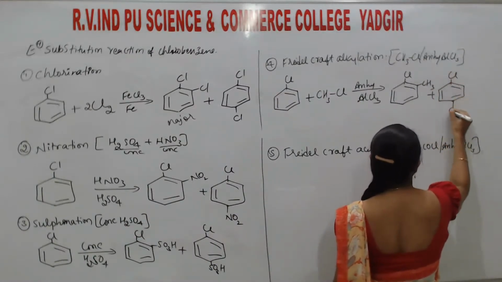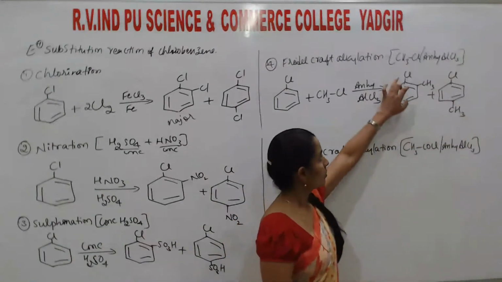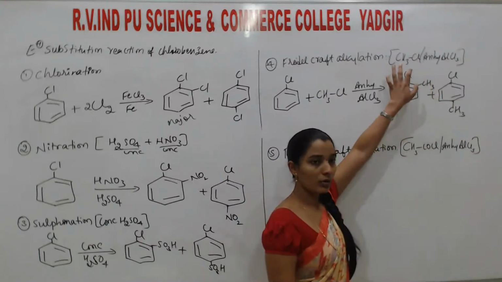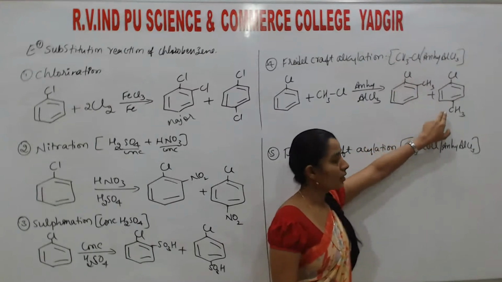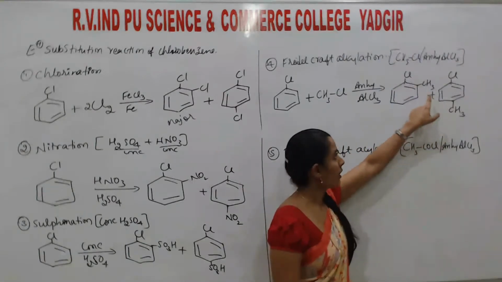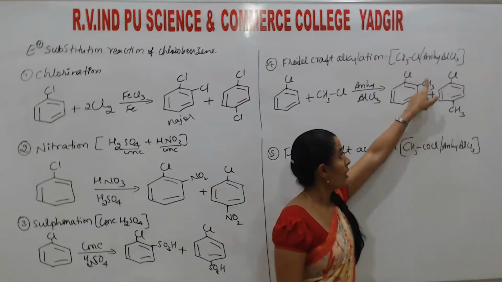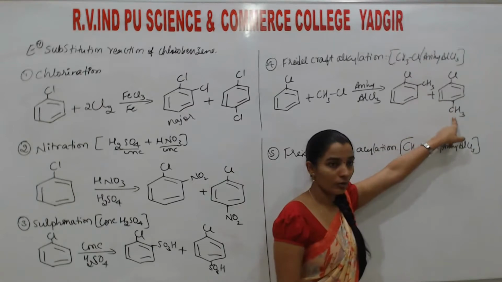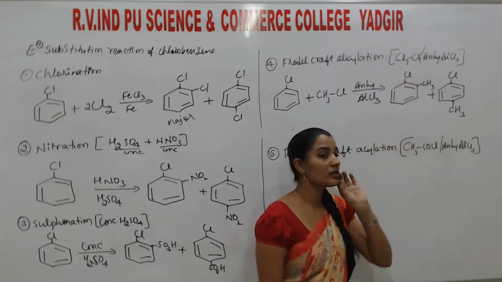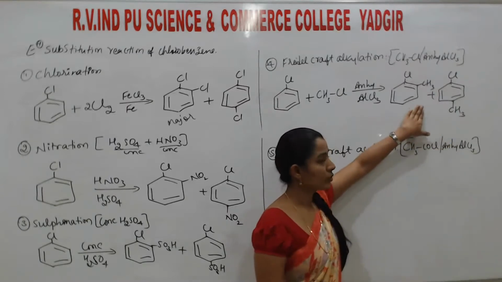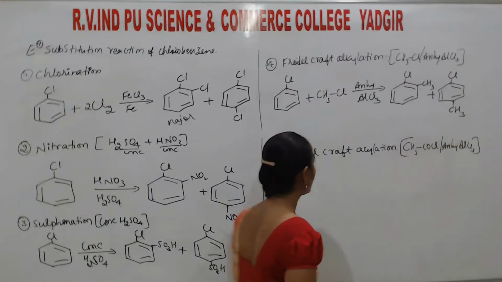Here it is Cl, here it is CH3. Okay, so now chloro and methyl, chloro comes first. So ortho-chloromethylbenzene, para-chloromethylbenzene. Or this, with the CH3 group, is called toluene. Ortho-chlorotoluene, para-chlorotoluene. You may say benzene ring with CH3 is called toluene. This is ortho-chlorotoluene. This is para-chlorotoluene.